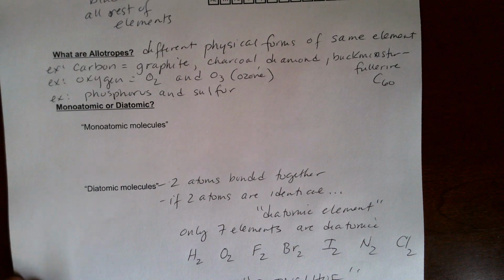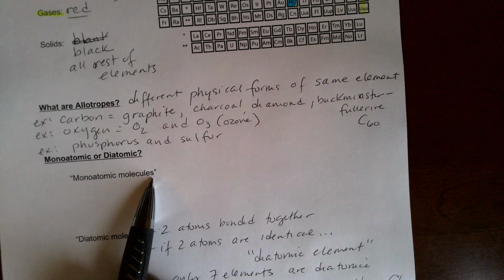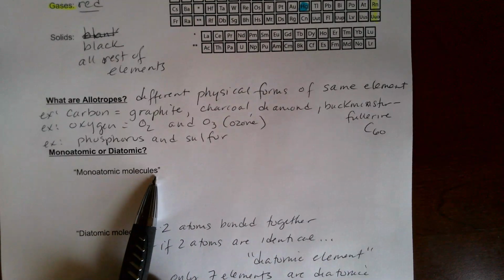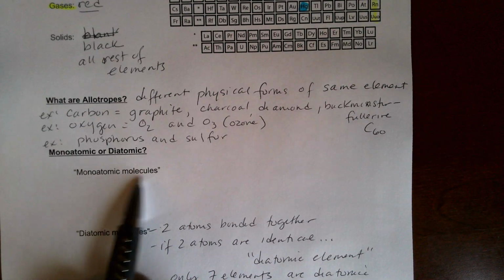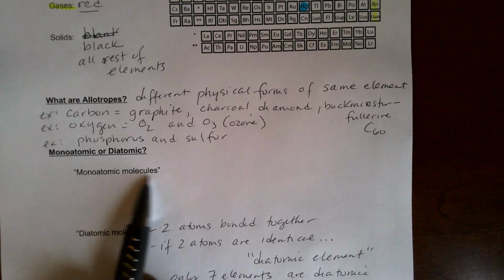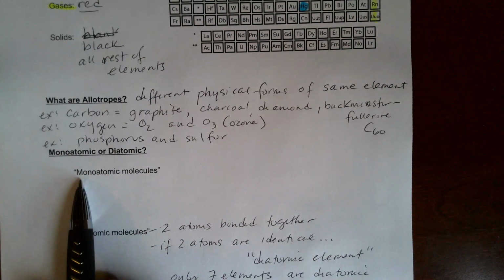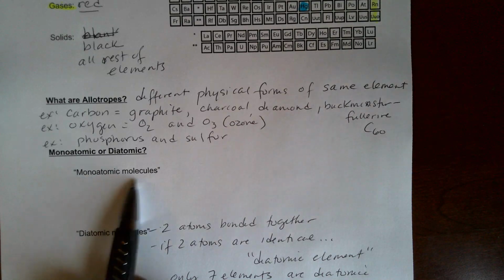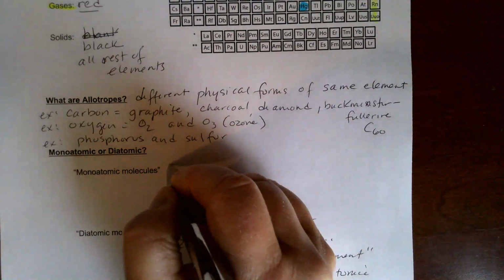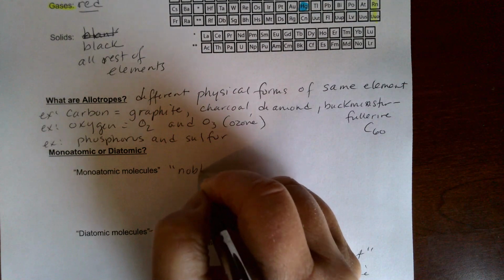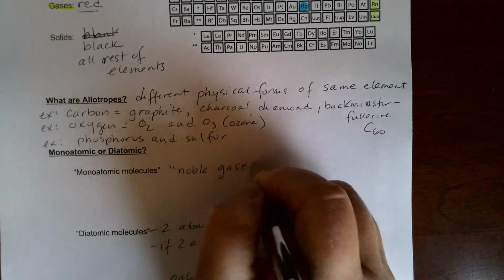diatomic molecules. Right, so this might seem a little bit contradictory, a monoatomic molecule. This seems like this can't possibly be, because a molecule means you have to have 2 or more atoms bonded together. So how can it be monoatomic if it's a molecule? This is a term that has been used to describe noble gases and noble gases only.